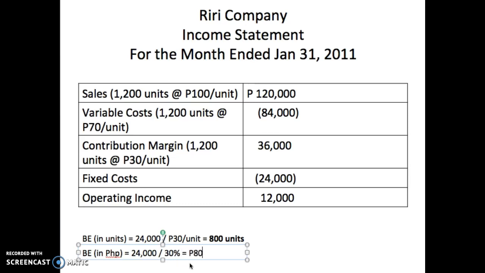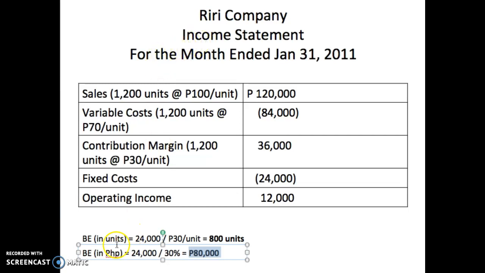That will give us 80,000 pesos. So, meaning if we want to reach break-even, our sales should be 80,000 pesos.